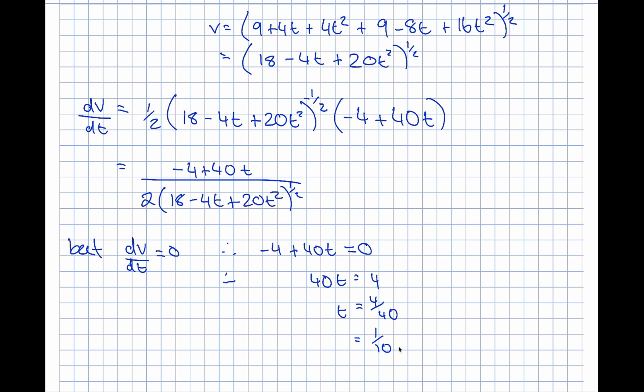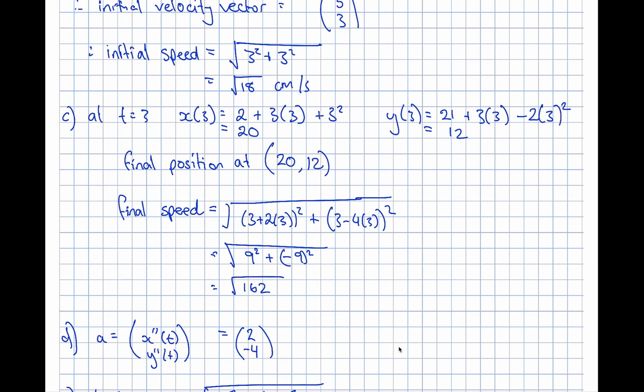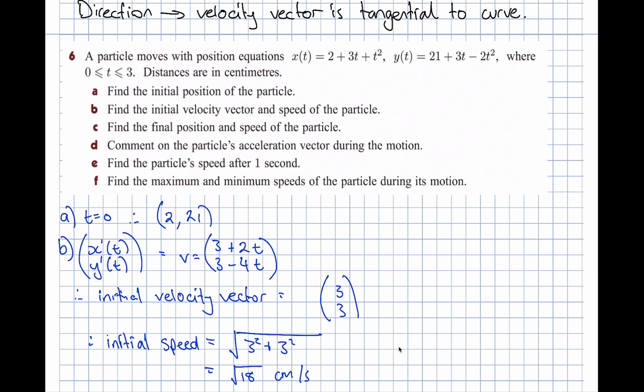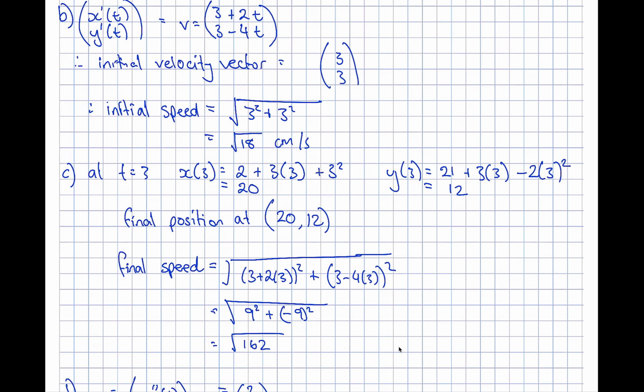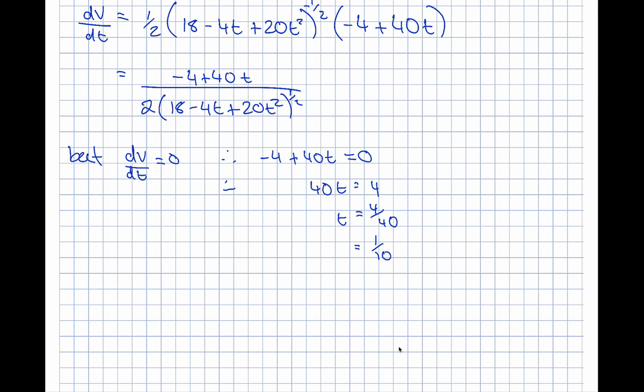T equals 1 on 10. Now, I'm not sure. I feel like I did that earlier and it wasn't quite that answer, but that's right. Something along those lines. That's the process anyway. But we go back to our question, and our question says, what's the maximum and minimum speeds of the particle? There's two values. Yet, we've only got a time for one.